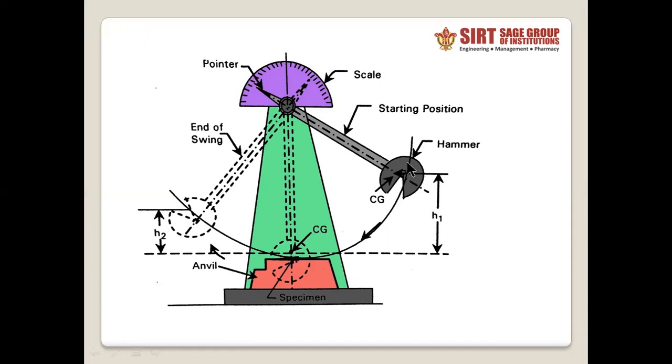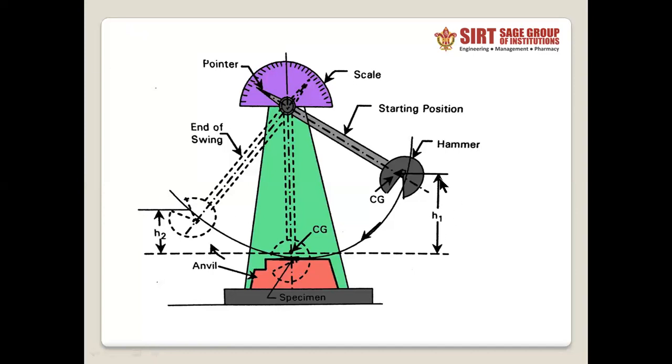So its potential energy is converted into kinetic energy, but due to the energy conservation law, the energy remains the same. When it strikes the sample here, it breaks and consumes some amount of energy, and that energy can be easily calculated because when it passes the sample after breaking it, the remnant energy is left over in the pendulum, and it can be calculated by the height to which it rises.